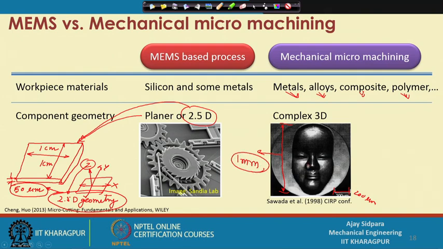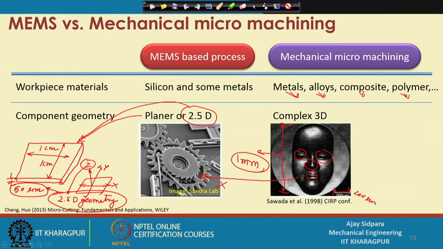Within this 1 millimeter you can see the features, the eyes, nose and lips, everything is visible. It is a purely 3D component that is not possible to fabricate by MEMS processes, that is, mostly lithography, etching and all these things. So, that is the advantage of using these particular processes.